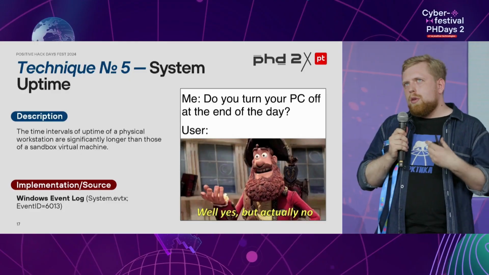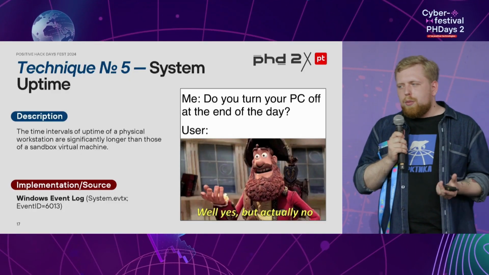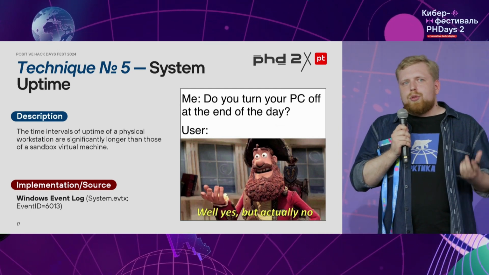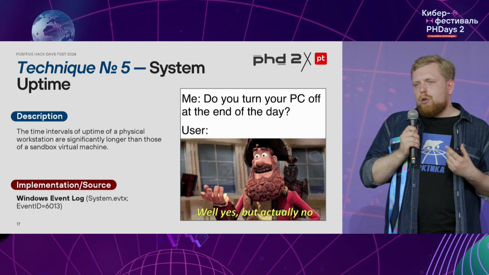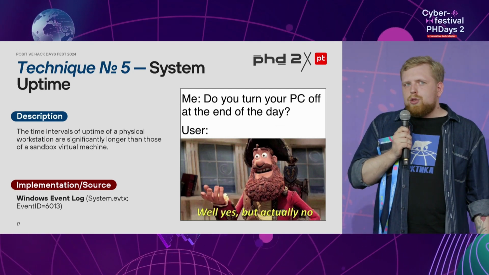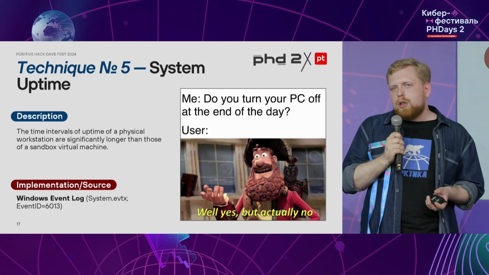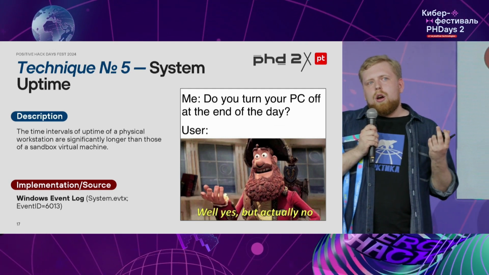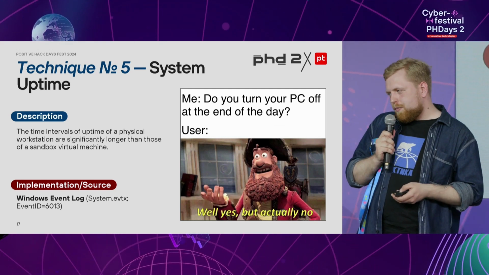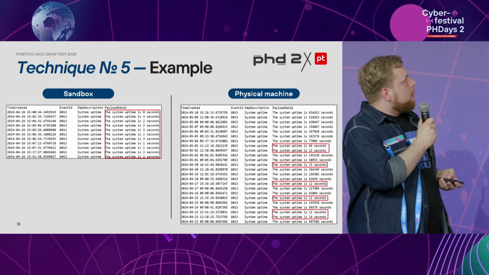The uptime of a desktop considerably differs from that of a VM in a sandbox, because the desktop might not be switched off for 2 to 3 days, while the VM uptime will last for several seconds, or until a deadline set up by a launch case, for instance, for the file check.